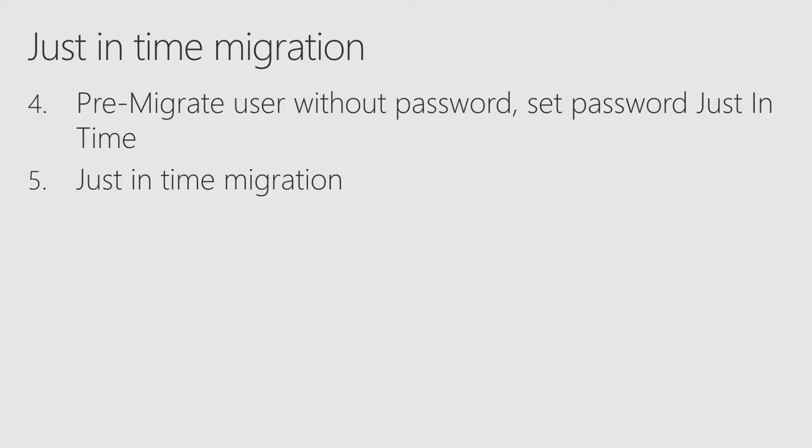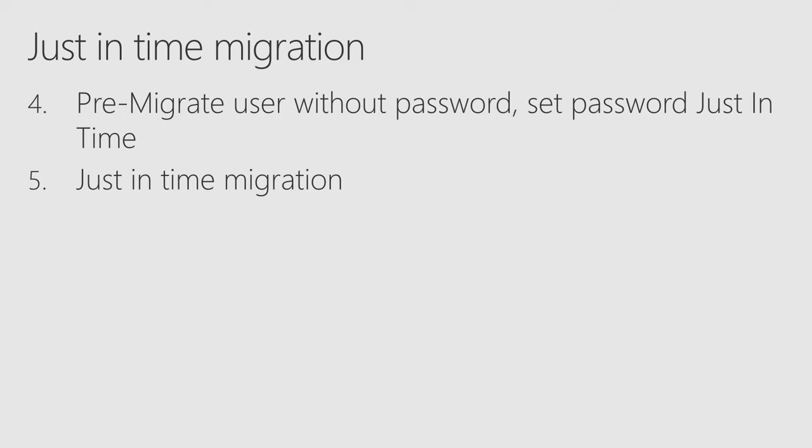So in the first case, I need to run pre-migration, I don't update the password, and I don't ask the user to update the password. When the user tries to sign into the system, we retrieve the username and the password, compare them, and update just in time.